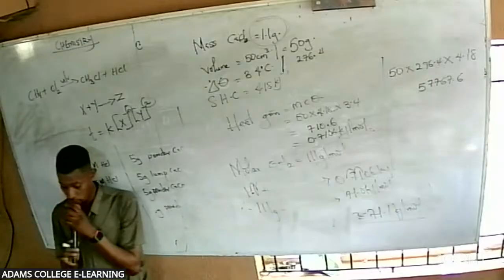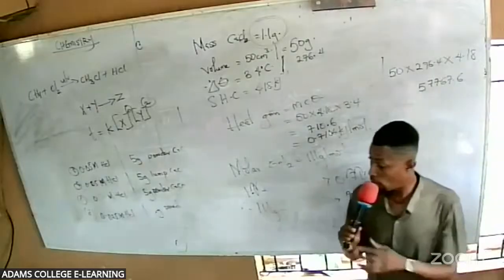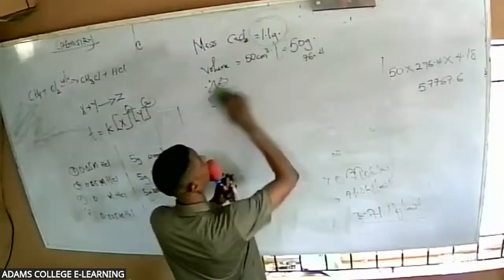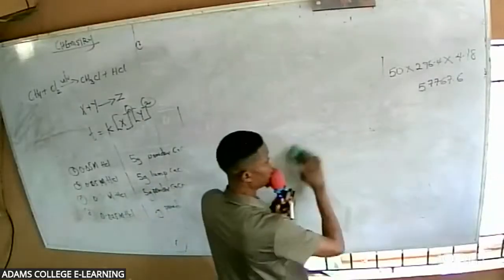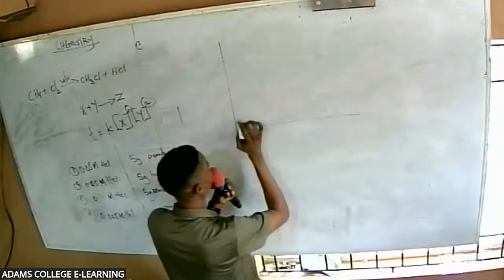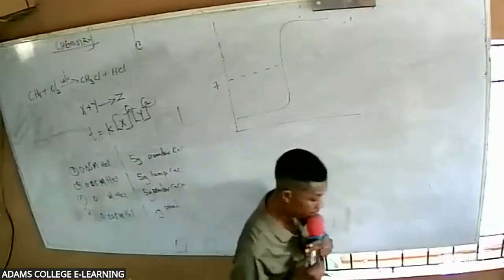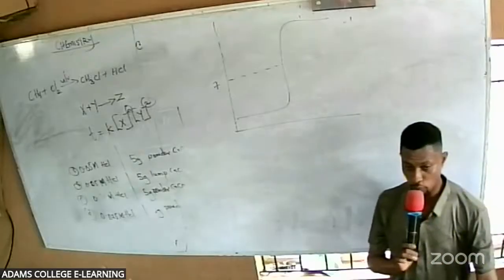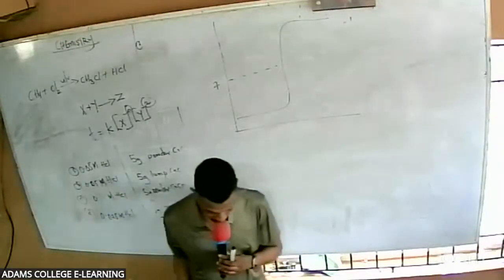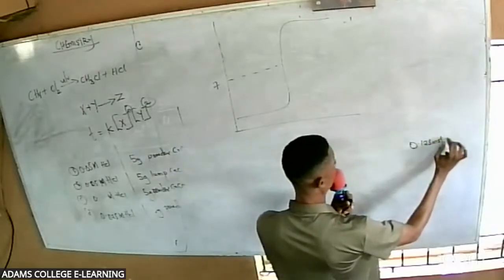18.5 centimeter cube of H2SO4. Remember that apart from that, we also have CaVa for neutralization, right? 18.5 centimeter cube of H2SO4 is required to neutralize 25 centimeter cube of Na2CO3 with a concentration of 0.125 mole per dm cube.